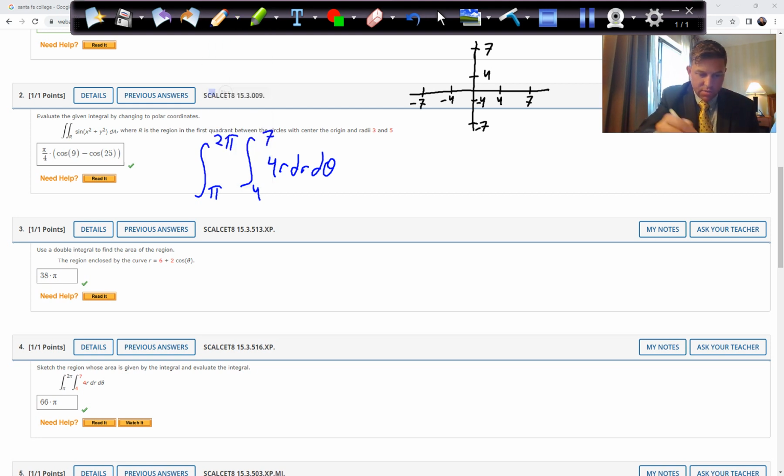So these two regions are going to look like this. I've got a circle of 4. We've got a circle through 7, like this.